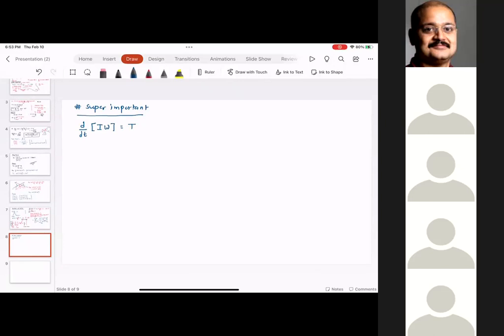So when I do that vector differentiation, I get this equation: I omega dot plus omega cross I omega is equal to T. This is called Euler's equation.